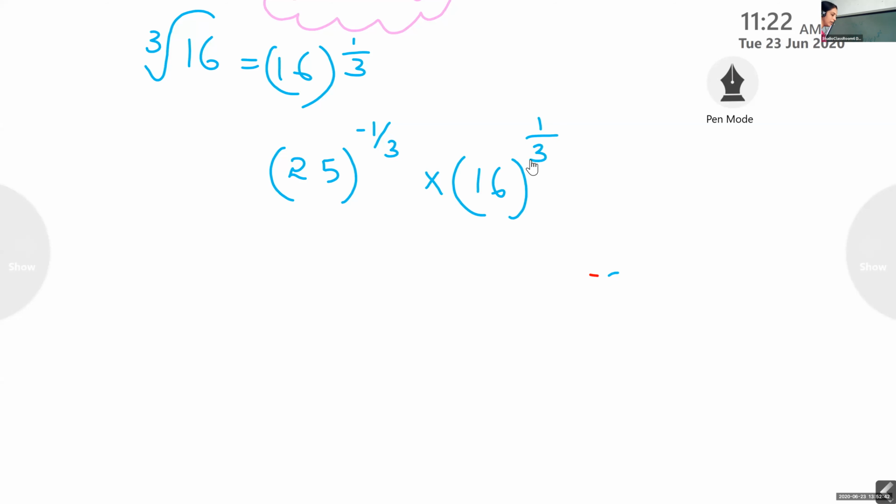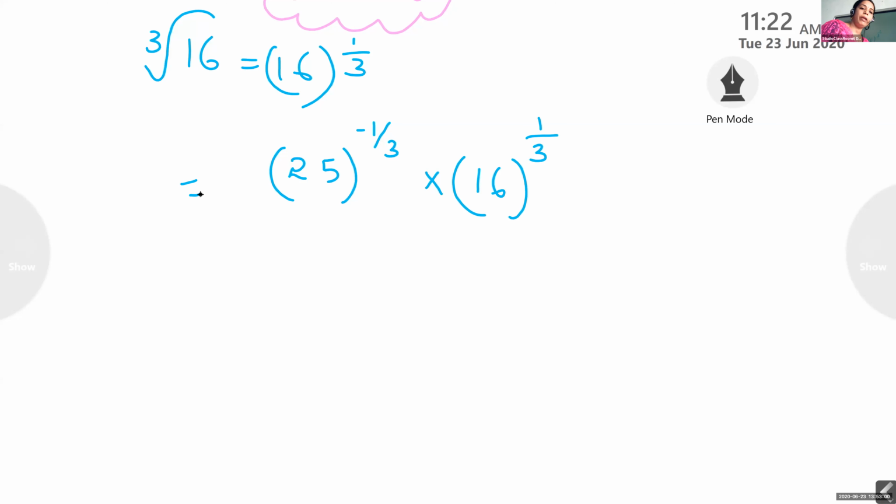Here, see this. You cannot use the law of exponent since the power is not same and the base also is not same.